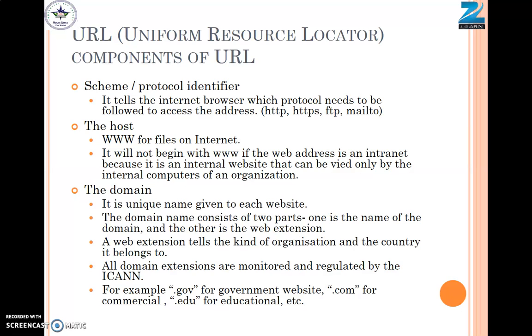Then domain, it is the name given to the website that is given by ICANN. Different domain name extensions are there, depending upon the type of website and which country it belongs to. All this we have discussed already in the previous video. So please go through that video again if you are not getting it, and recall all that.